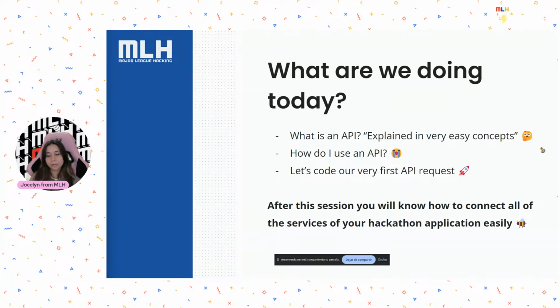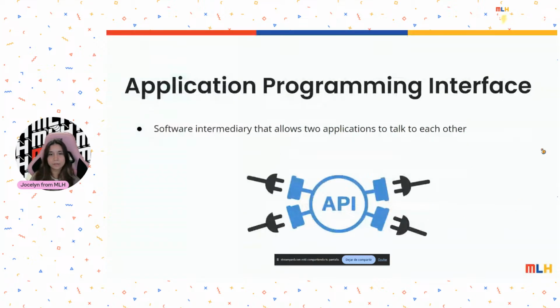Great. So now that we know what we'll be doing today, we're going to start with the actual dictionary definition of what an API is. So here is the meaning of the letters. As you can see, API stands for application programming interface.